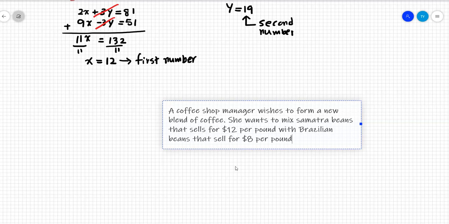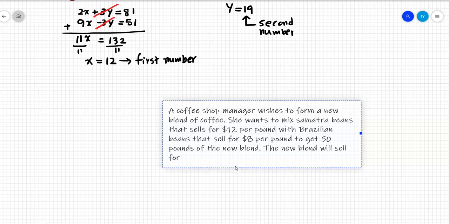to get 50 pounds of the new blend. The new blend will sell for $9 per pound.